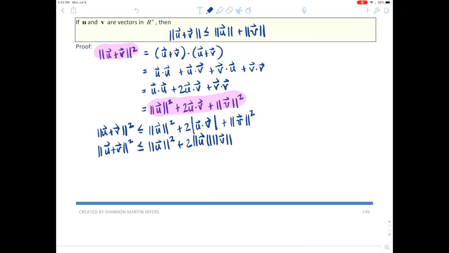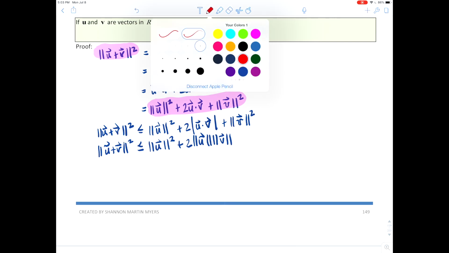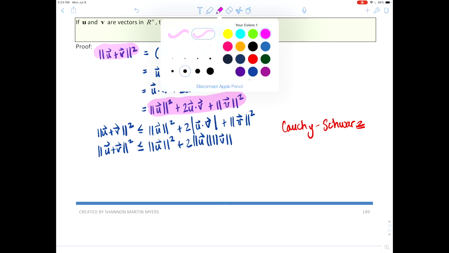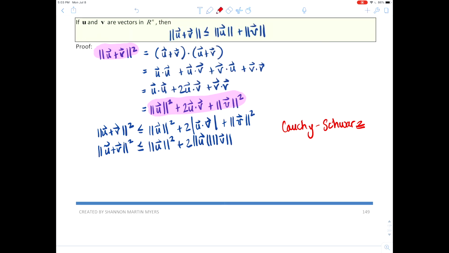That's applying Cauchy-Schwarz. So going from here to here and utilizing the fact that we've got this inequality going on.